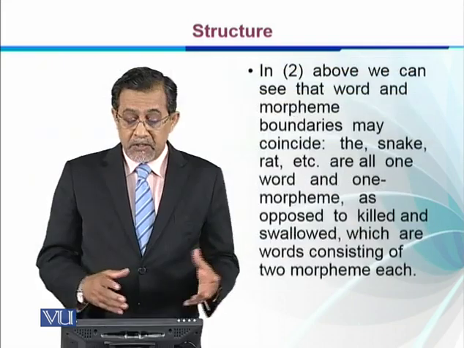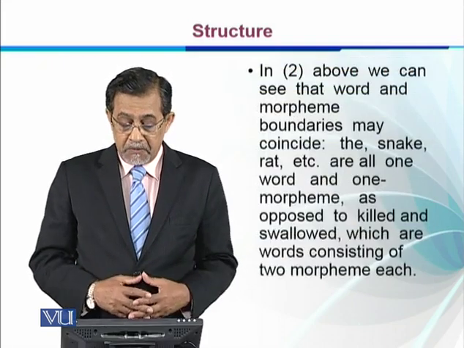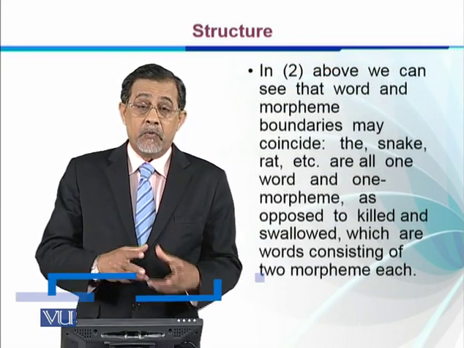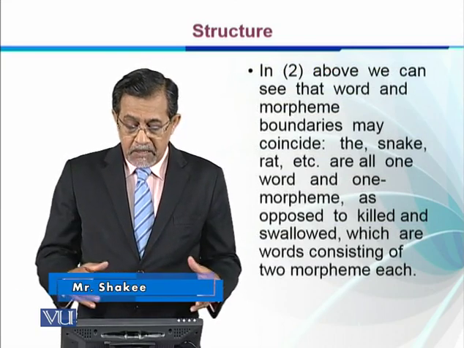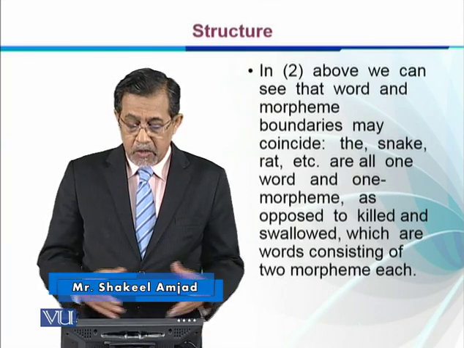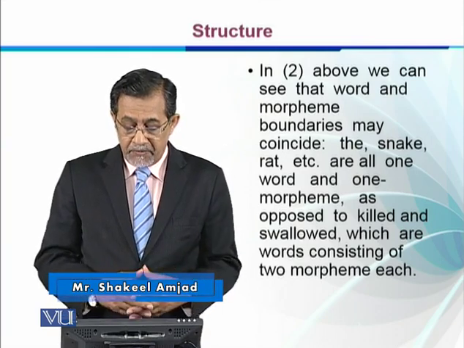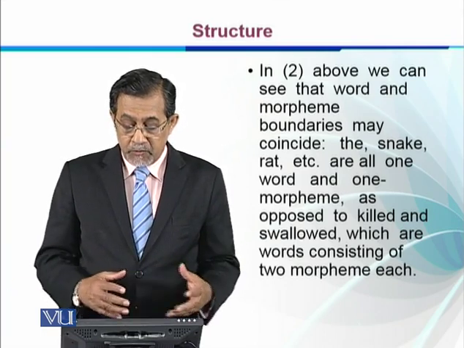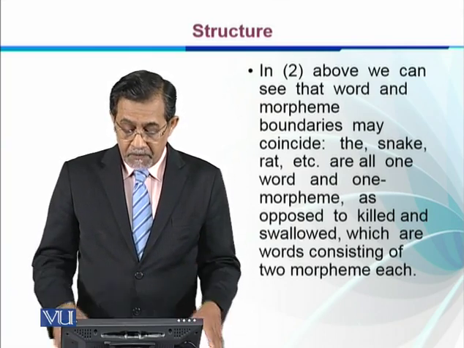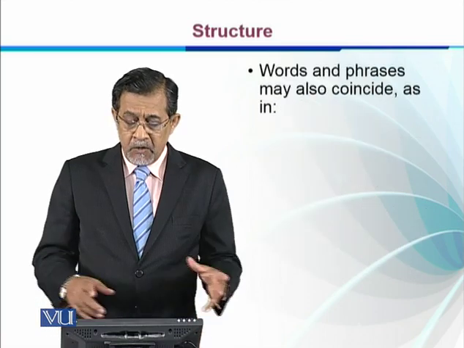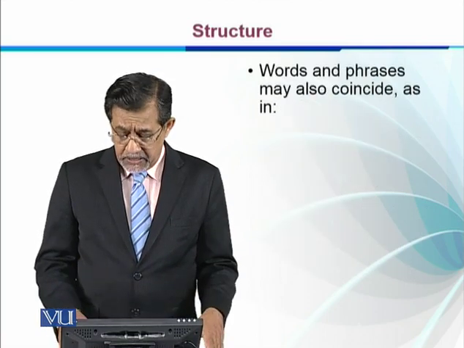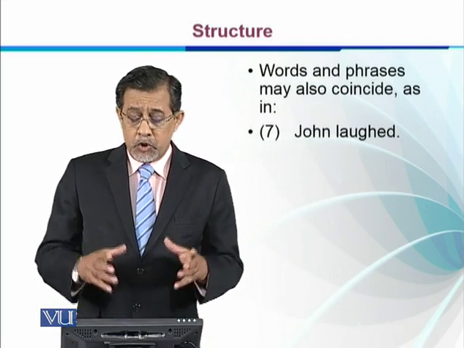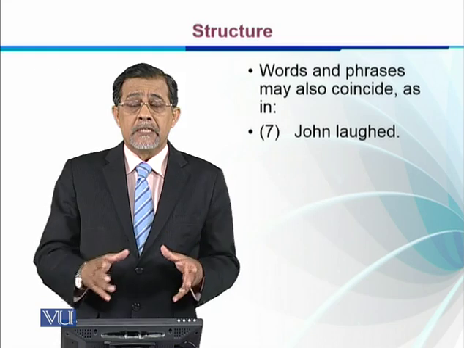In 2 above, we can see that word and morpheme boundaries may coincide, as we have not divided words into morphemes. The snake, rat, etc. are all one word and one morpheme, as opposed to killed and swallowed, which are words consisting of two morphemes. Words and phrases may also coincide, as in John laughed. So this sentence, John laughed, is one clause.